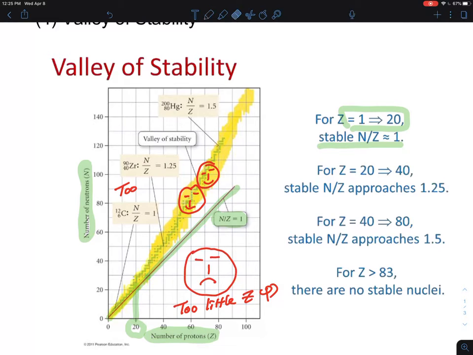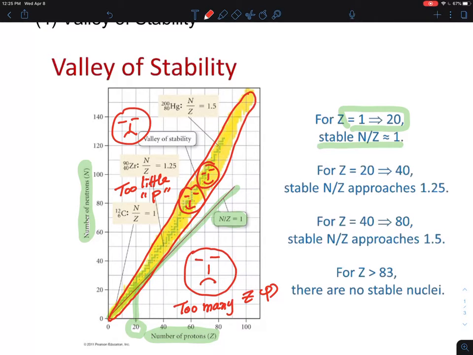You are unhappy if you are in here with too many protons, and this is too few protons, and this is also unhappy. The only place you are happy is where I circled, the red dots here.